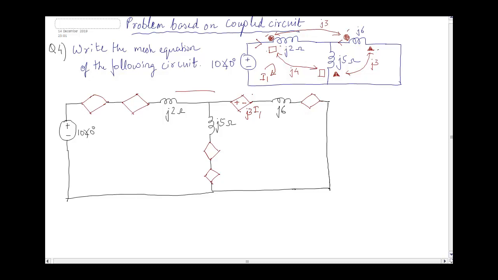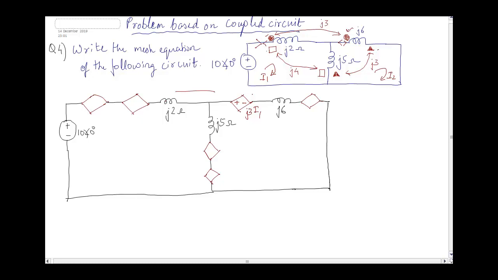Similarly, let's take the case of these squares. I have to take the other way around also. So on the other side of this one, if I consider the current as I2 here, then I2 is entering this coil J6 at this dot. The current I2 is entering, so here it should be leaving.